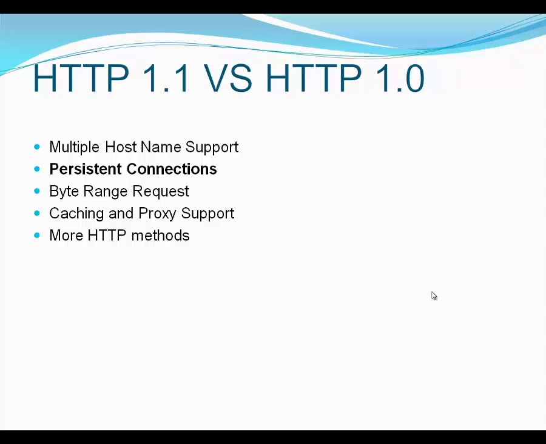Now in HTTP 1.1, it was possible to send a byte range request. Now what is that byte range request? Suppose you are trying to download a file. You don't download the entire chunk in one go. You slowly start to download from the beginning and then it gradually increases from byte to byte.